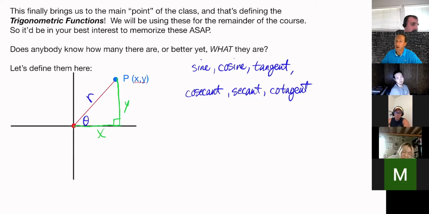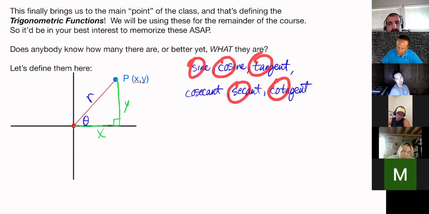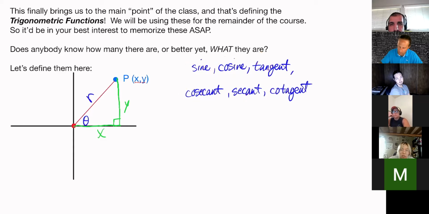So to help with our writing, we're going to just take the first three letters of each and every one of these, other than cosecant, because that is already taken here for cosine. So the only one that's going to be a little bit different looking is cosecant. We're going to have to rewrite as CSC for cosecant.